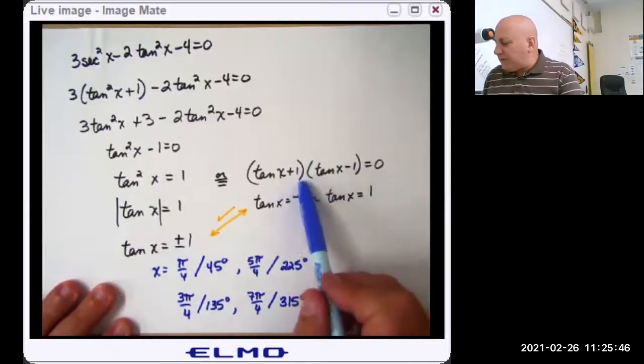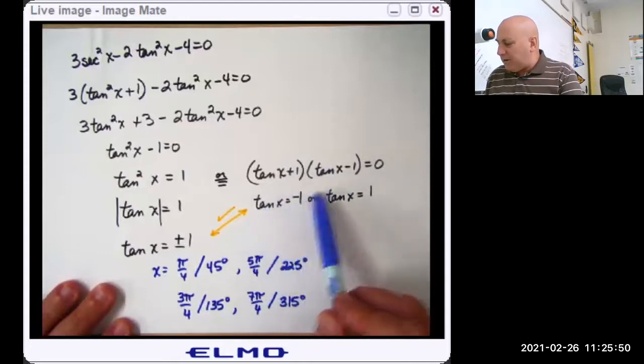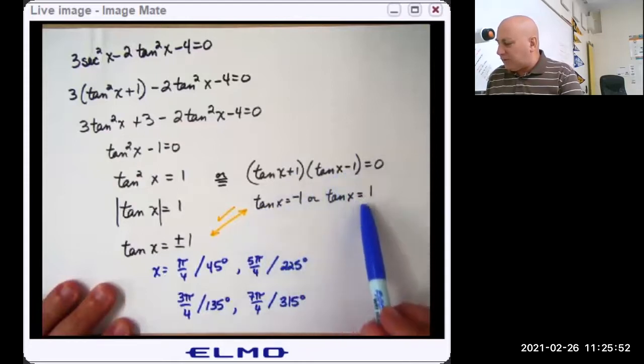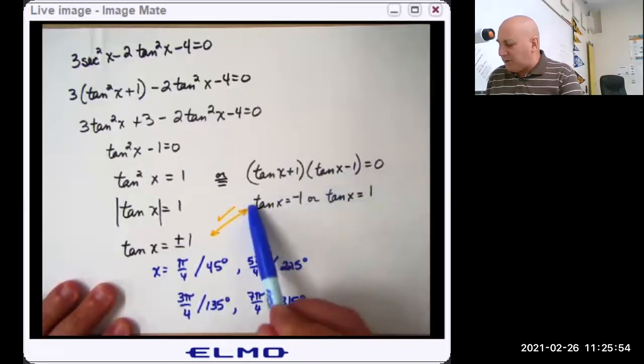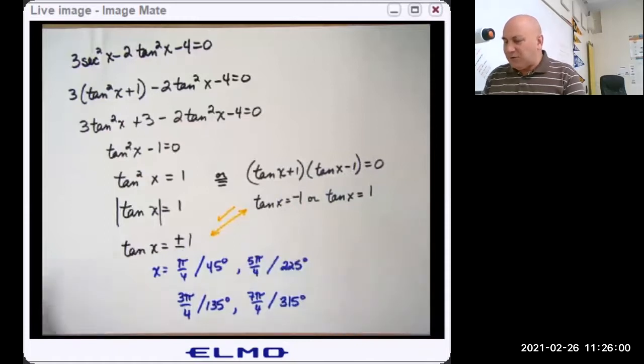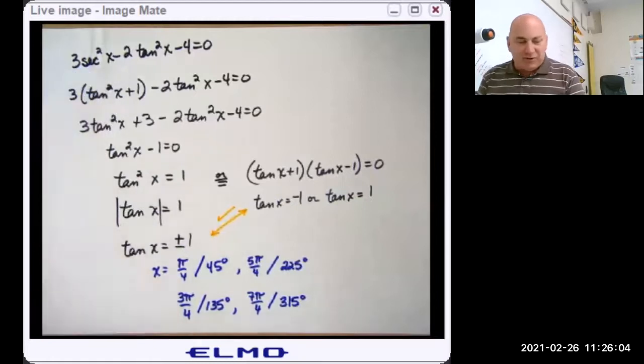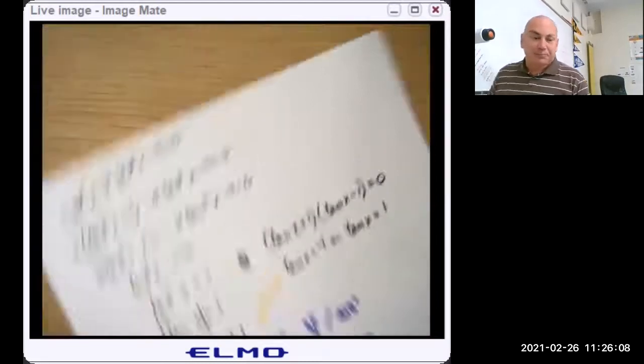If you use the factored way, then you have tangent x equals negative 1, or this equals 0, which means tangent x equals positive 1. You're right back to this step here, and you get the same answers. So this one became a lot easier once we did a substitution to make sure everything was in terms of tangent x.